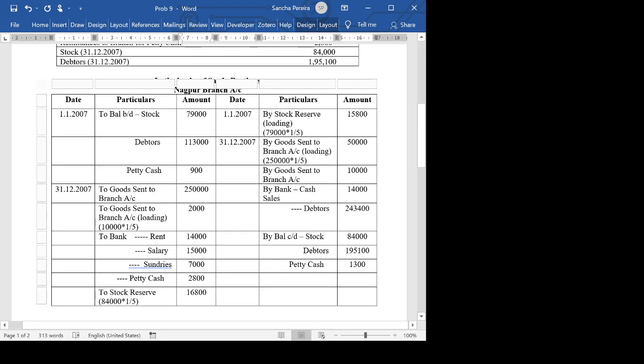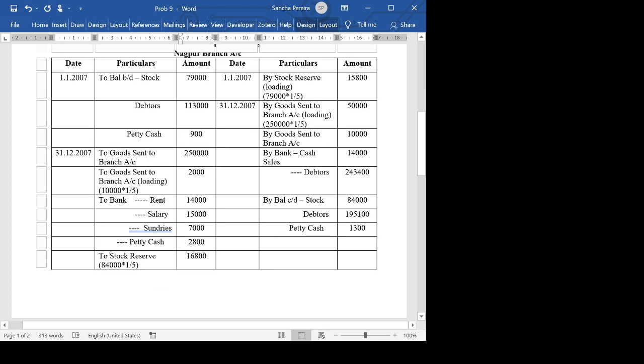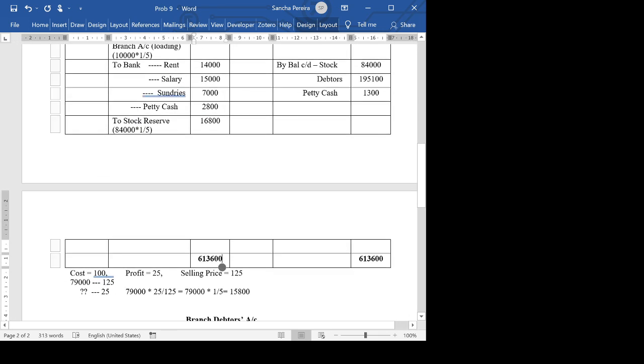And then deducting the debit items: 79,000, minus 1,13,000, minus 16,000, 22,000, 1,800, minus 16,800. It comes to 1,13,100. So to profit and loss account will be 1,13,100.